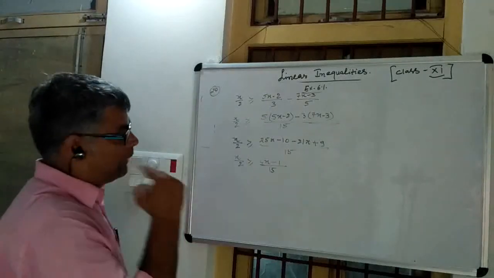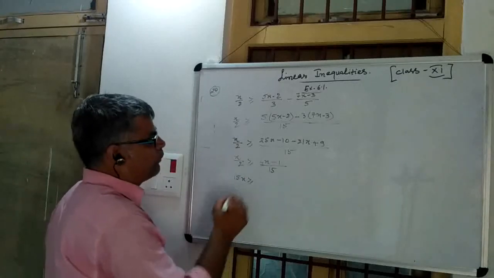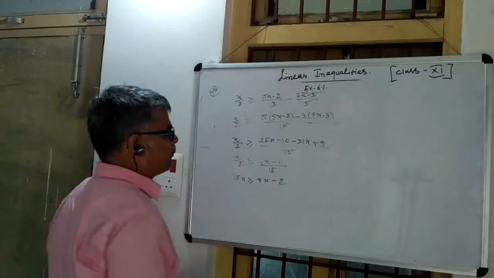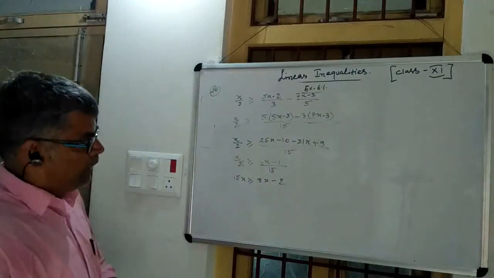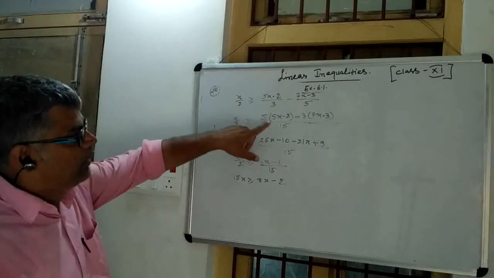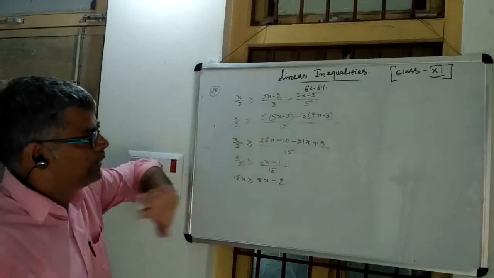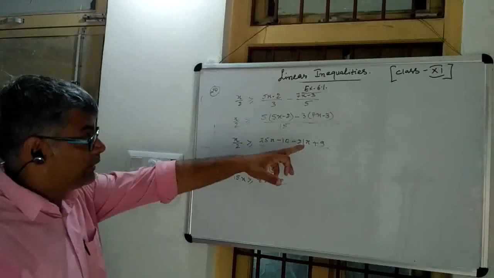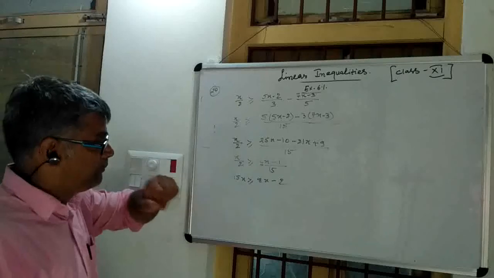So again you do cross multiplication. It will become 15x is greater than or equal to 2 into (4x minus 1), that is 8x minus 2. Is it correct? 3 fives are 15, 5 into (5x minus 2), 3 into (7x minus 3): 25x minus 10 minus 21x plus 9, so (4x minus 1) by 15.